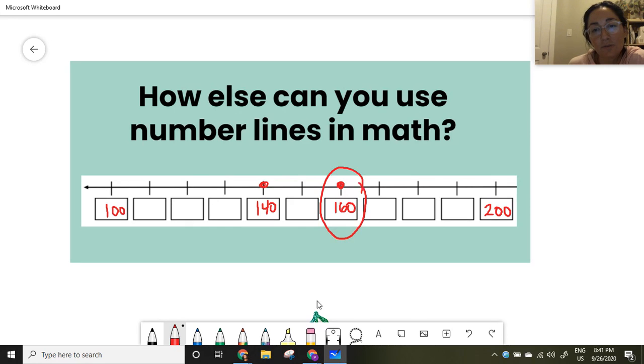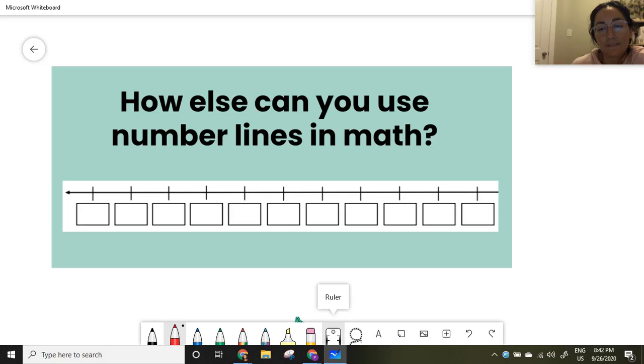In this case, 160 is higher on my number line, so I know that 140 is less than 160, or I could say 160 is greater than 140.